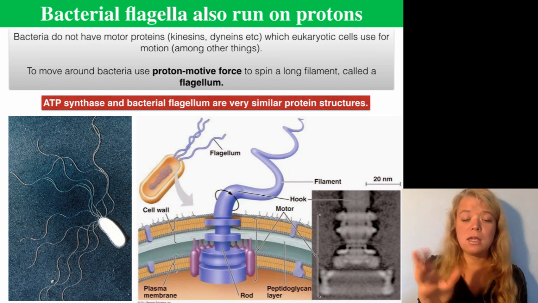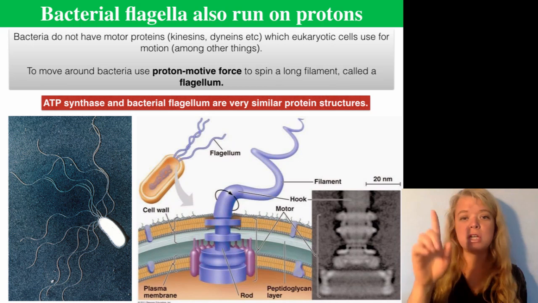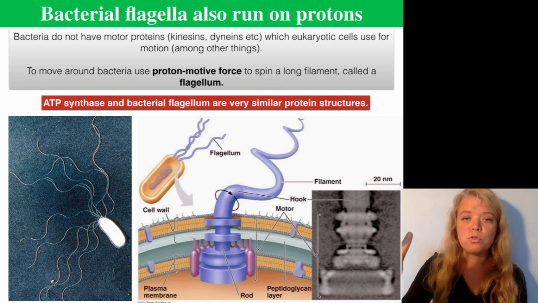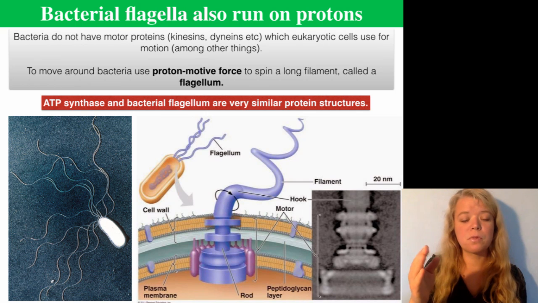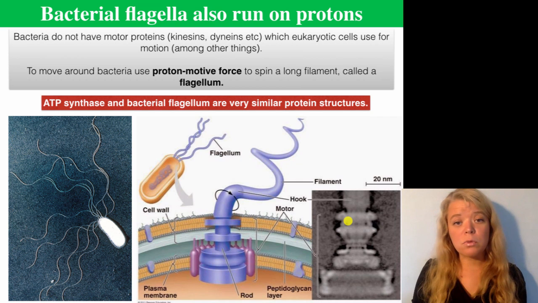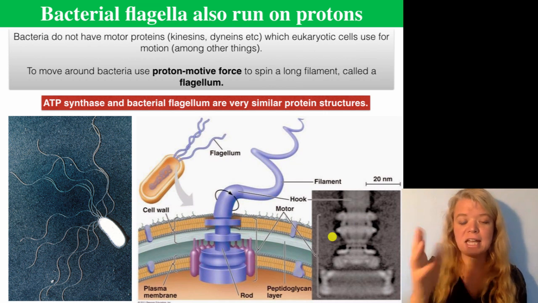They unwind DNA, and also protein motors, protein pumps that use the rotational motion of the channel in order to move proteins from one membrane compartment into another. Now, you can see that the bacterial flagellum also has a very ATP synthase-like unit here.